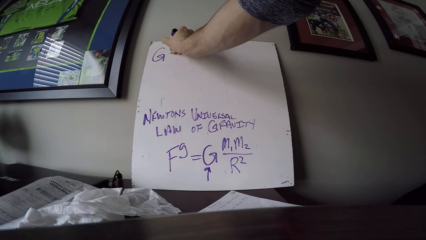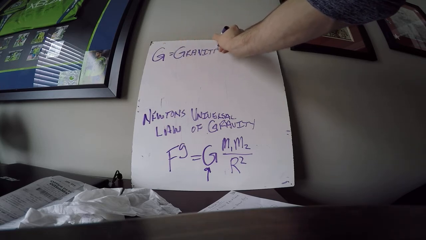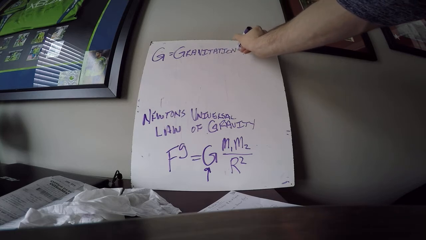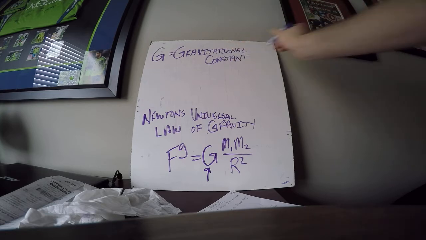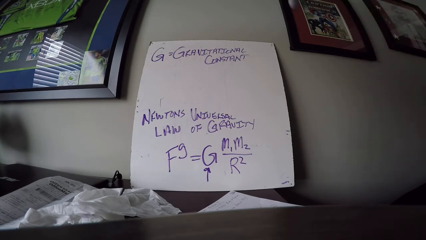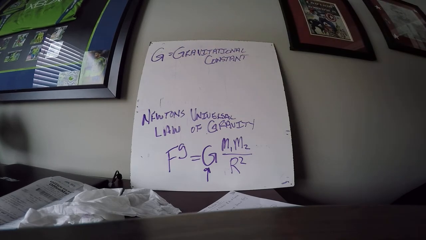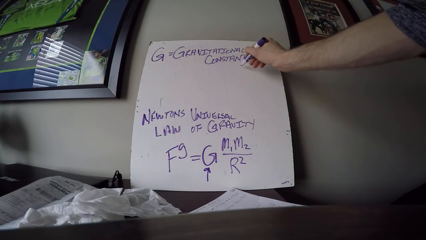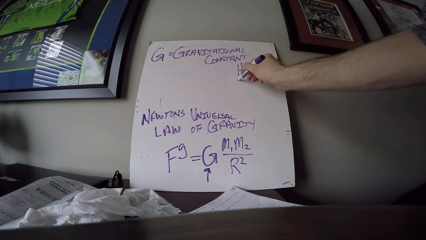G is the gravitational constant. This constant is the constant of gravity everywhere in the universe, which kind of evens everything out, whether you're on Earth or Jupiter or some faraway distant place. This was measured by a guy named Henry Cavendish.